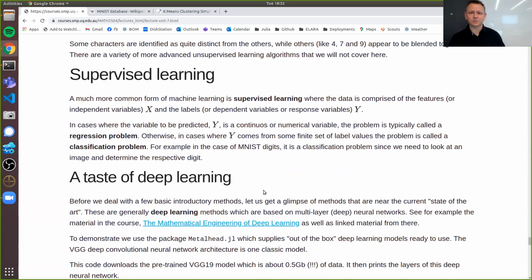Supervised learning is probably a slightly larger field of machine learning. It's really exploded over the last decades, because there are some techniques that have come out in the last 10 or 15 years, or 5 years, some of them, which have really been pushing the state of the art forward quite a lot.